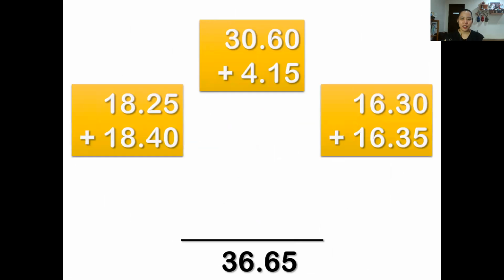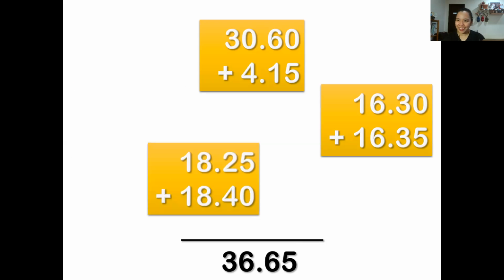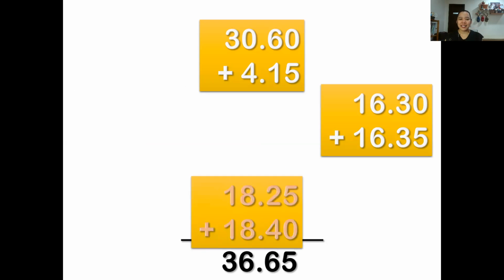Next, look for the amount of money that is equal to $36.65. Perfect. You got it right. $18.25 plus $18.40 is equal to $36.55. Next.